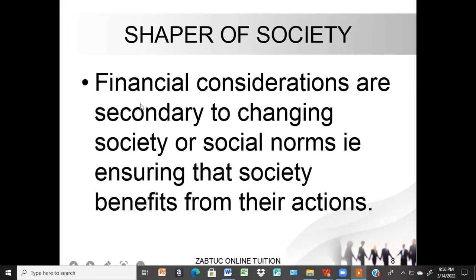So in here we're saying financial objectives or considerations come number 2. In second position, what is important is, can we contribute to shaping a society to become a better place to live in? How can the society benefit from the organization? That is a primary concern.